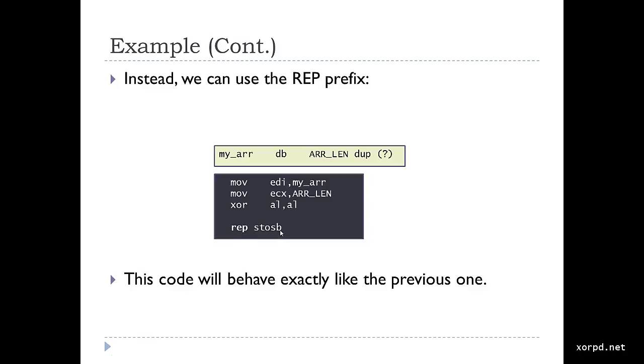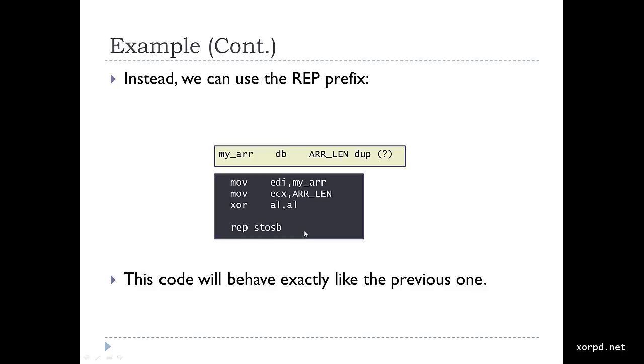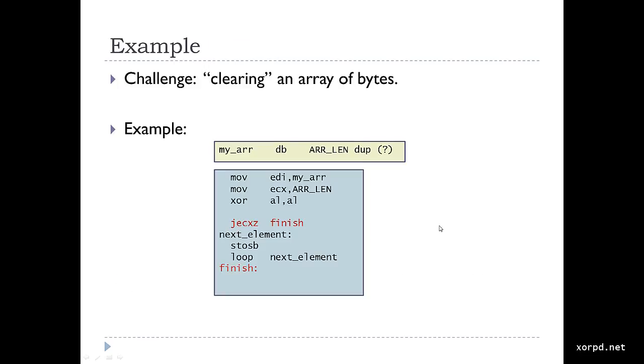It is going to execute the stosb instruction exactly ecx times, which is just what we did in the previous example. But you have to admit that this is much cleaner and shorter. So, as we have mentioned, this code will behave exactly like the previous one. They are equivalent.